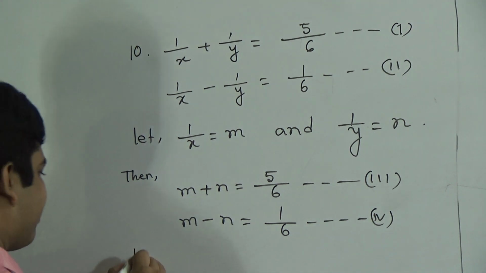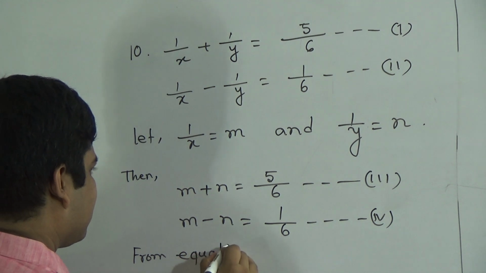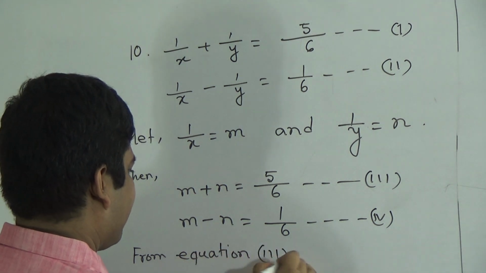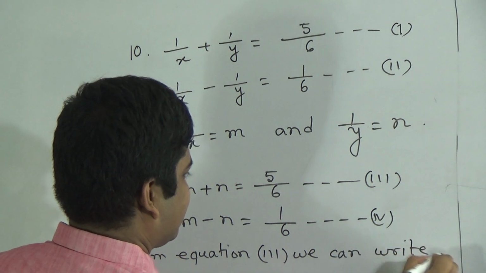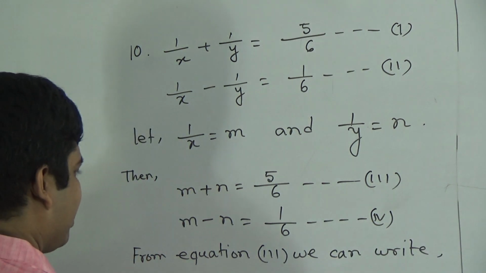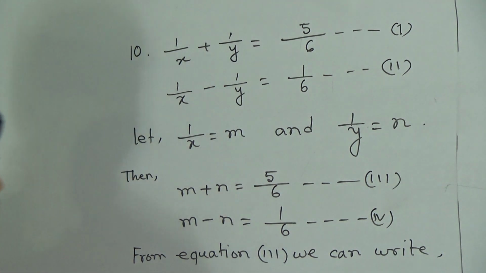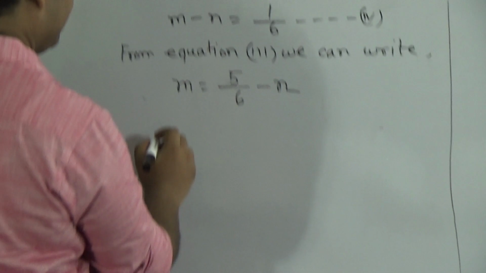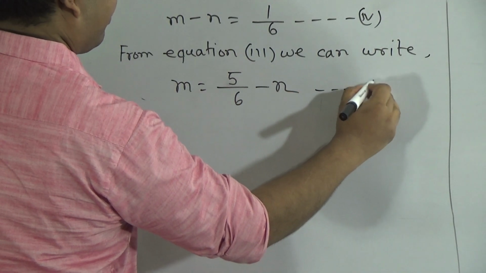So write, from equation 3 we can write m equal to 5 by 6 minus n, right? This is equation number 5.